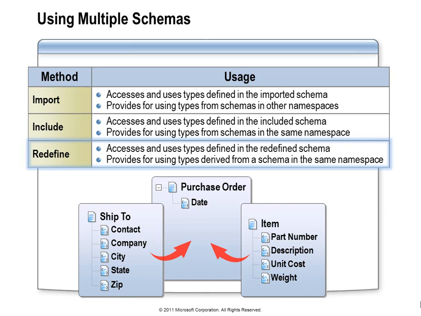And then you can add those additional constraints to the type definition. In the case of redefine, the target namespace of the reference schema must match the target namespace of the schema that you're working with. So it's similar to the include method, but it gives you the option to make changes to the type definition that you're referencing.